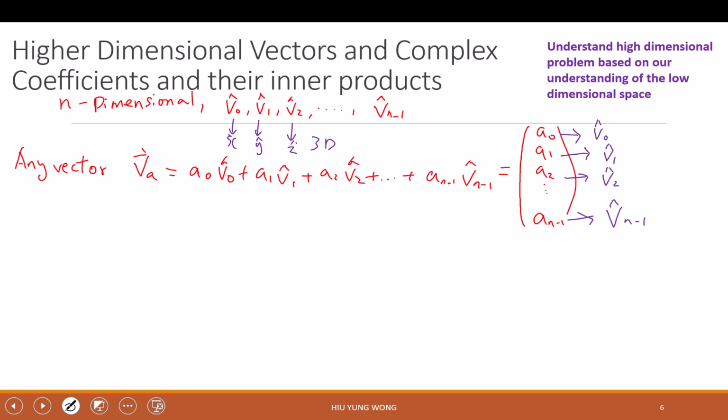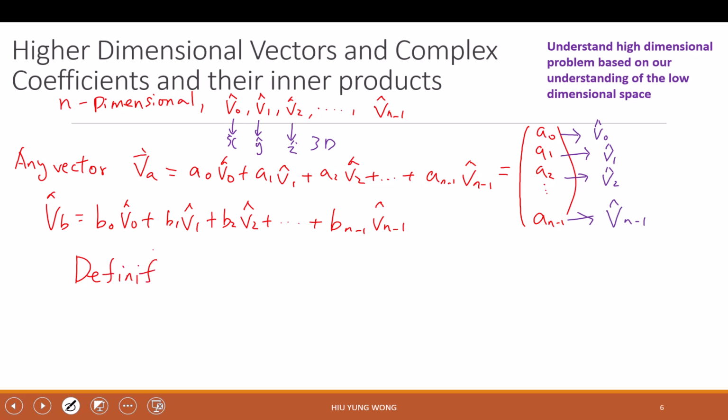Now I also may have another vector V_B hat equals B0 V0 hat plus B1 V1 hat plus B2 V2 hat all the way to B(N-1) V(N-1) hat. Make sense? Are you okay with how I write it? And then what is the inner product between them? This is just a definition, so do not worry.